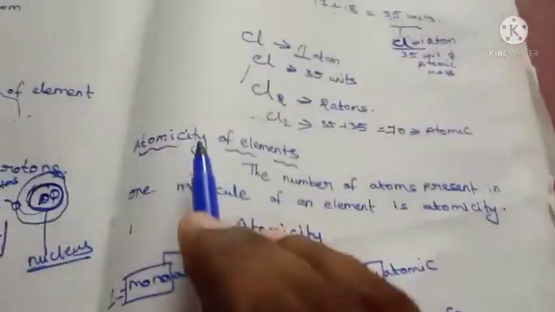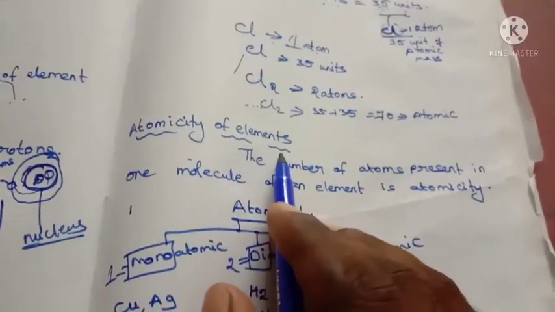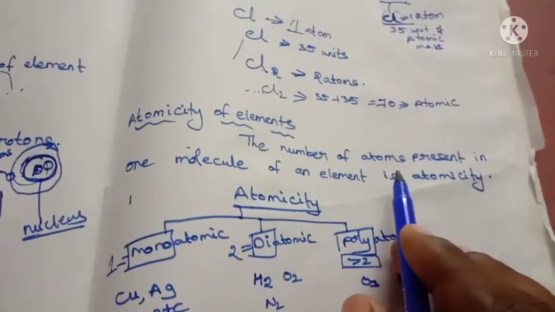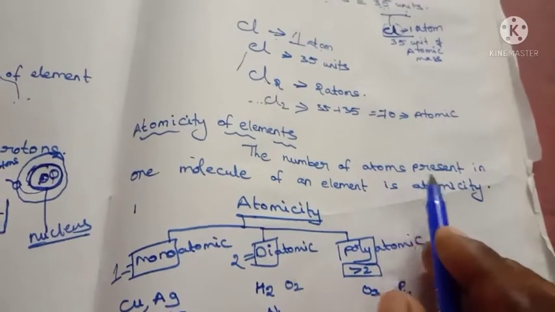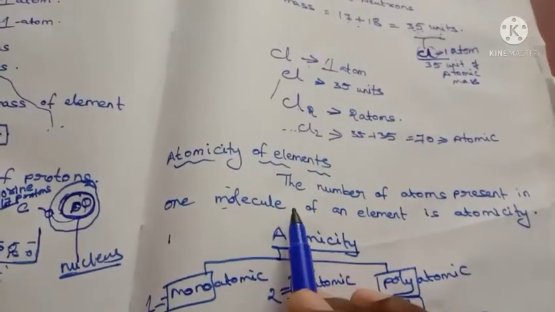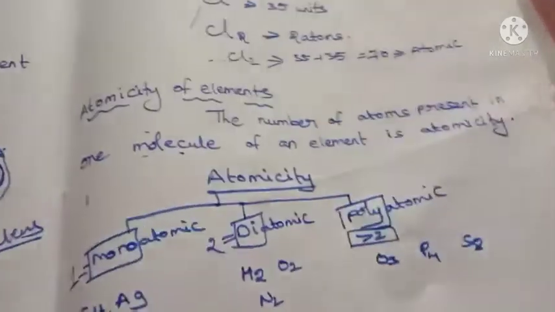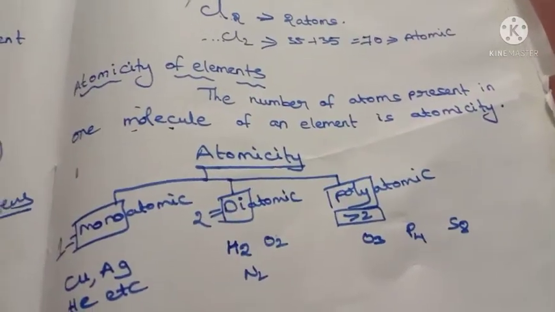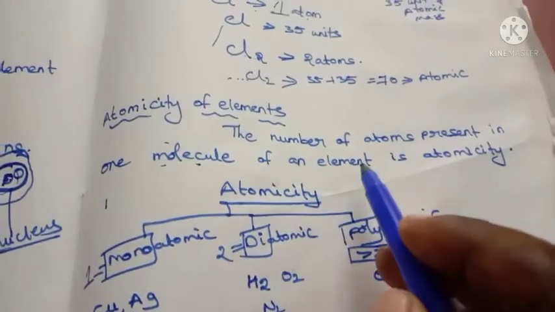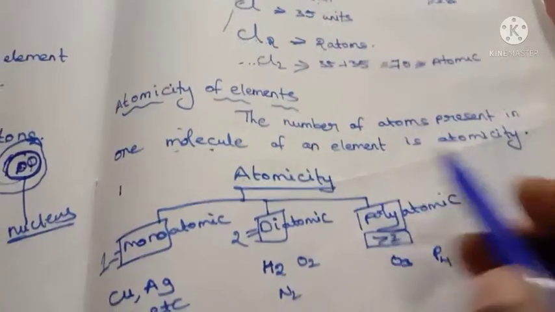Now see here, my dear children, we will see atomicity of elements. The number of atoms present in one molecule of an element is atomicity.